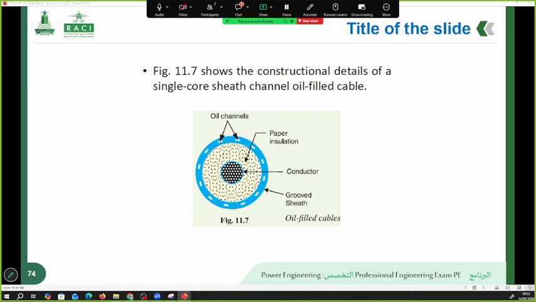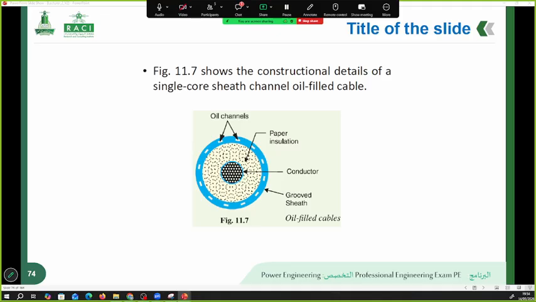This slide displays a cross-sectional view of a single core shield channel oil filled cable. Unlike the conductor channel type, where the oil duct is at the center, this cable features grooved shields with oil channels embedded in them. From the center outward, the cable consists of a single conductor which is surrounded by paper insulation.